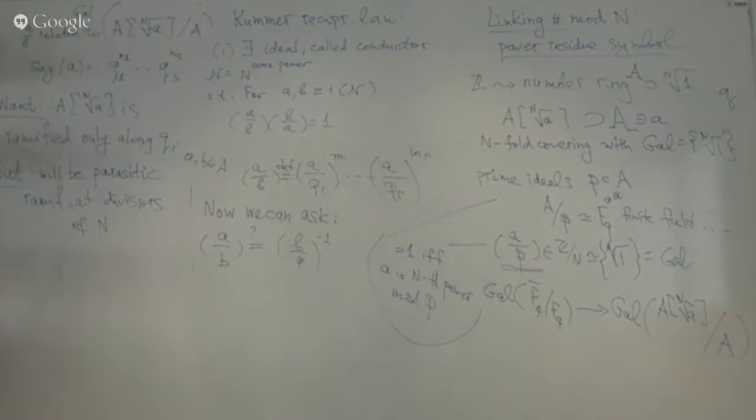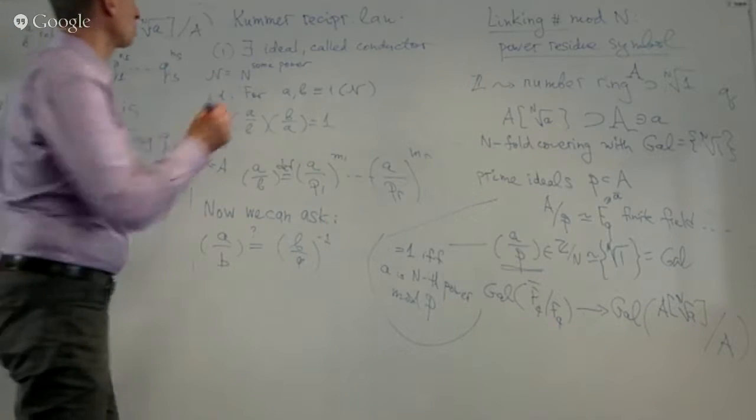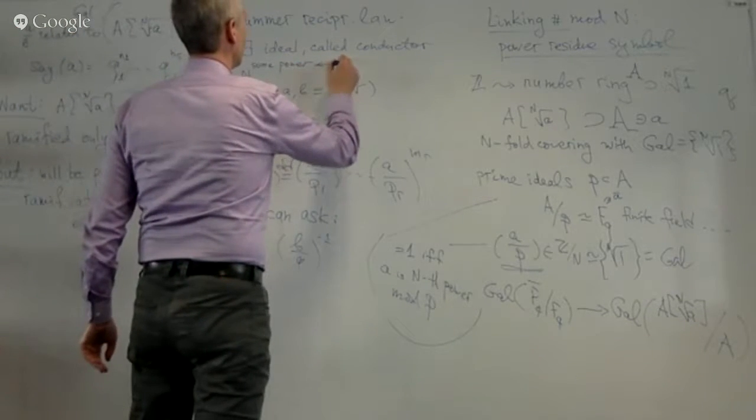So there is no parasitic ramification. So it depends on n and A and B? Depends on A, yes.